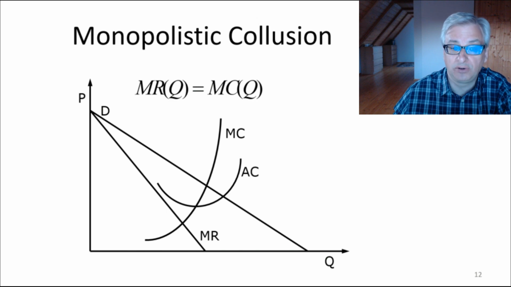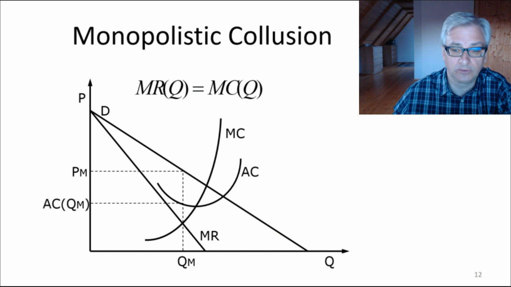We can perceive ourselves as monopolists. We together, we can produce QM and we can maximize our profit by setting the price at this level. So actually that would be our cost, average cost, and this triangle here is the profit.